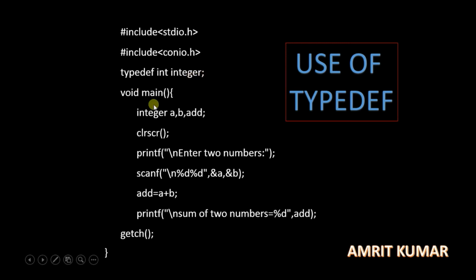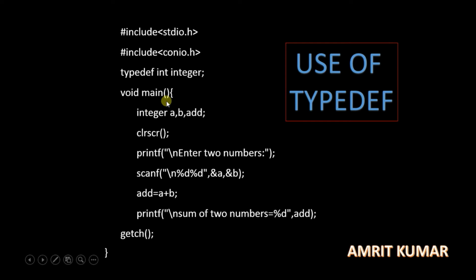Then after that, moving to the main function, you can see here the return type of main function is void, so it is not going to return any value. Then I am opening the main function here, and you can see the three variables here: a, comma, b, comma, add. These are the three variables that I am using with the concept of typedef.